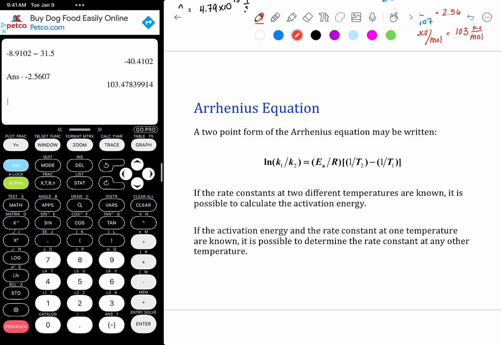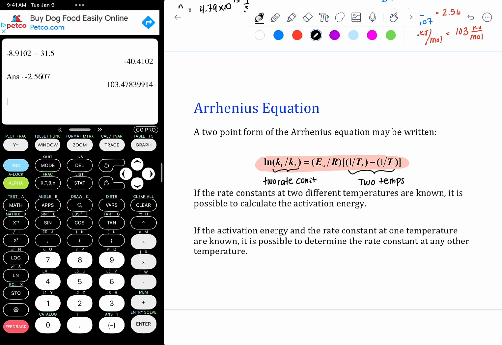So a 2-point form of the Arrhenius equation can be written similar to the one we saw before, where we have natural log of our K values, but now we have to look at the 2 different rate constants, as well as the 2 different temperatures.